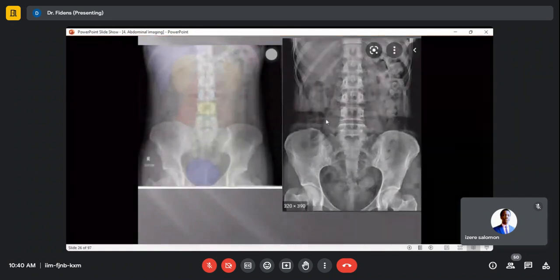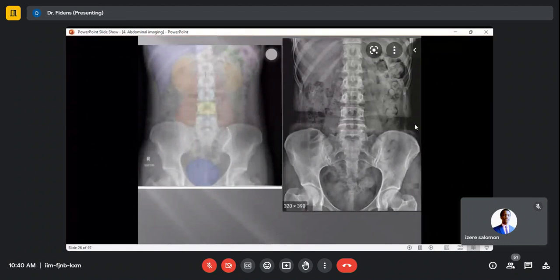It's not part of the normal anatomical structures we are able to see on plain abdominal X-ray. That's called observation. By the way, when interpreting radiological images, you should be careful and see everything, any change.